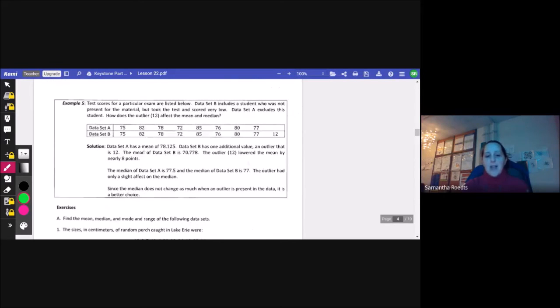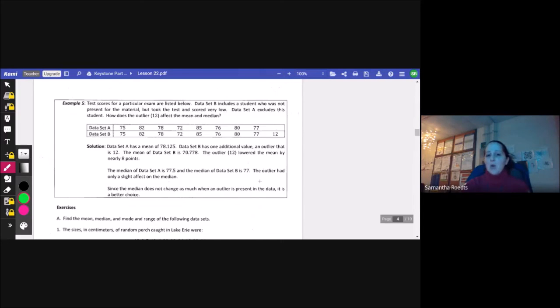Okay, so data set A has a mean of 78.125 and data set B has one additional value, an outlier that is 12. The mean of data set B is 70.778. The outlier 12 lowered the mean by nearly 8 points. Okay. So the median of data set A is 77.5 and the median of data set B is 77.